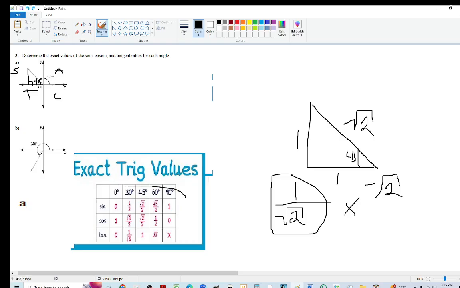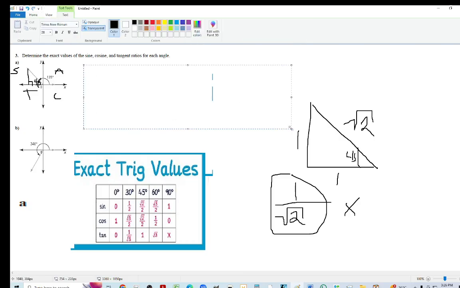Your teacher's probably going to want these, I don't know, but this is a valid answer for sine, or this is a valid answer for sine. So to answer the first question, the sine of 135, I can see that we're in the S quadrant, therefore it's going to come out as positive. So my answer would be 1 over square root of 2.